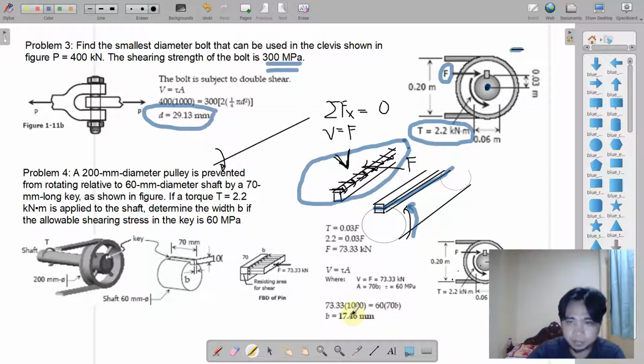Basically, this is the summation of moments at point O is equal to 0.